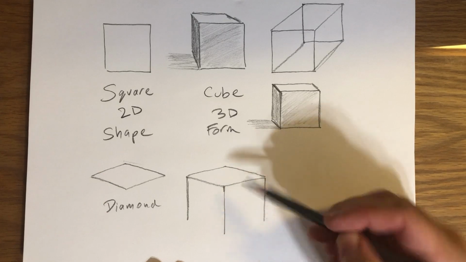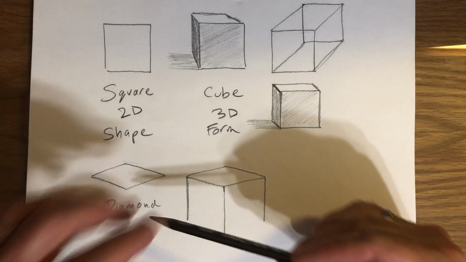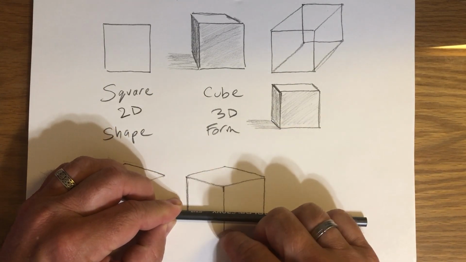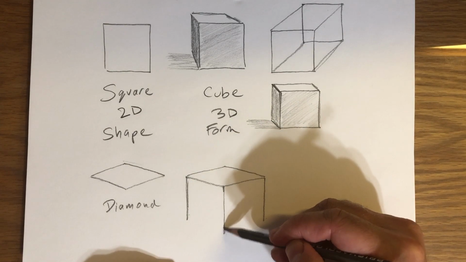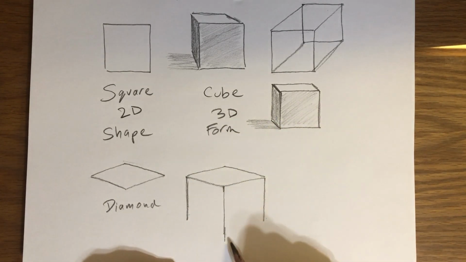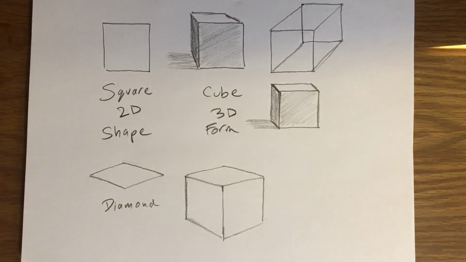Draw this one a little bit longer than those 2, right? The distance from here to there should be similar to the distance from there to there, and you can accentuate it even more if you want to make it a little more 3D-ish. But basically, there's another cube.